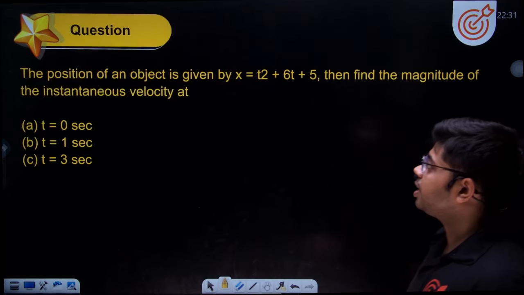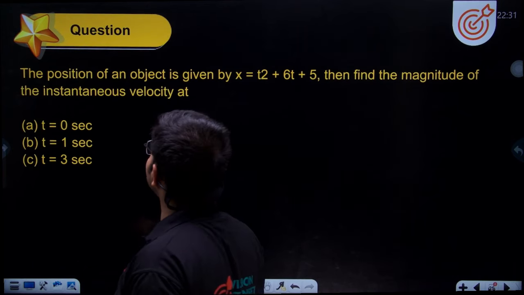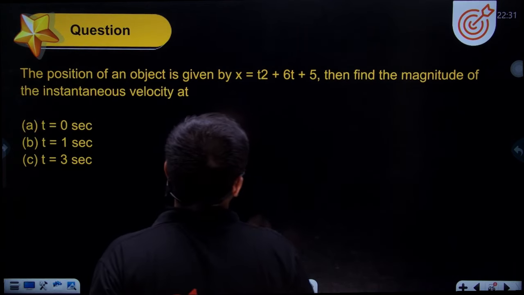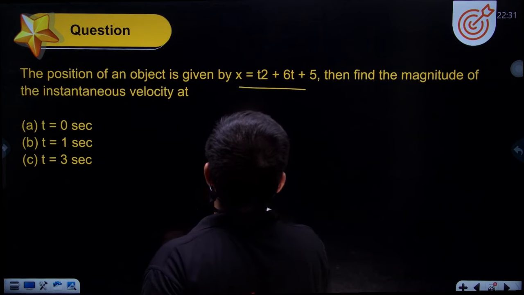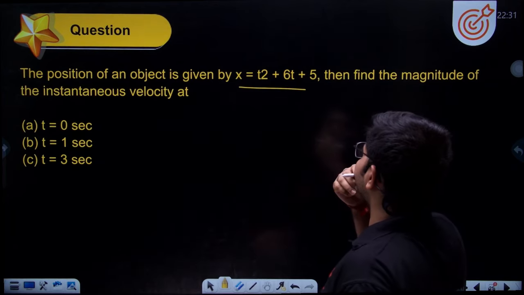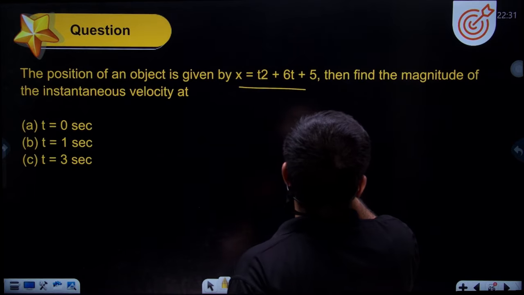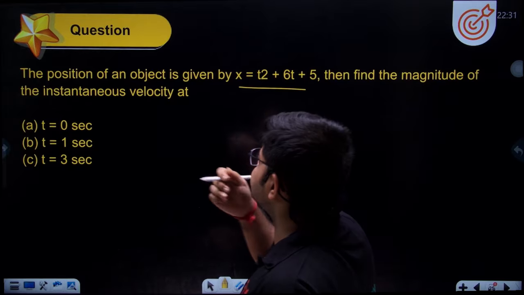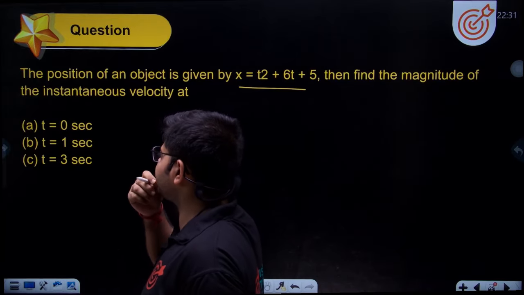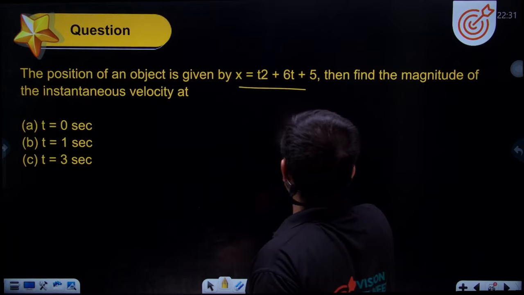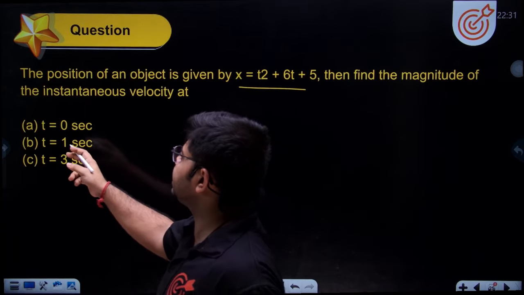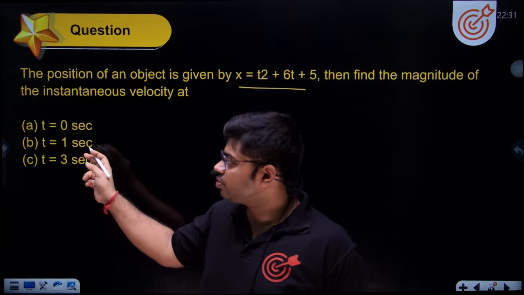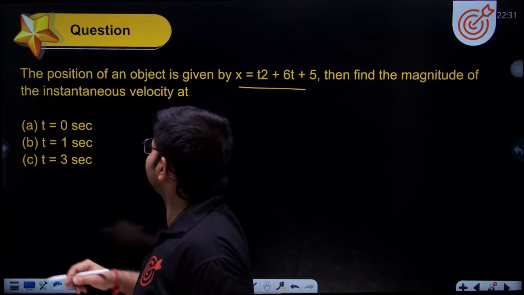Okay. Now let us solve this question. The position of an object is given by, so they have given you the position as a function of time. Then find the magnitude of the instantaneous velocity at time t is equal to 0 second, t is equal to 1 second, and t is equal to 3 second.